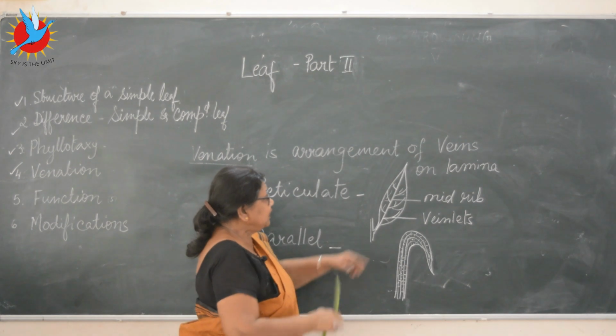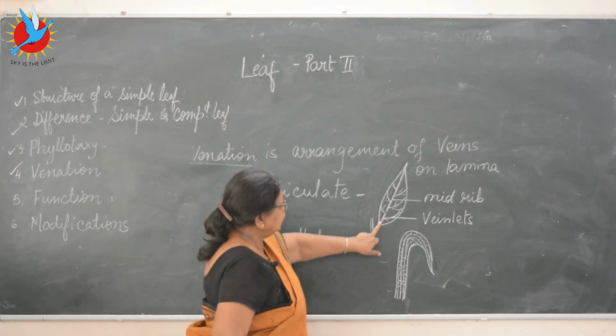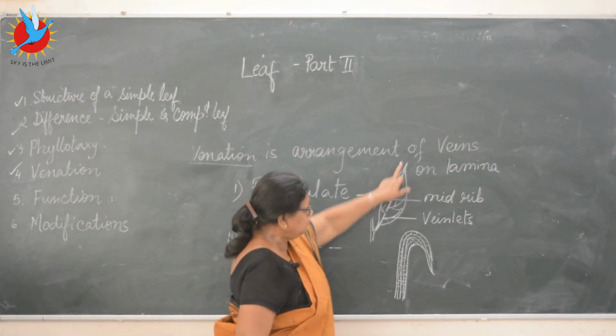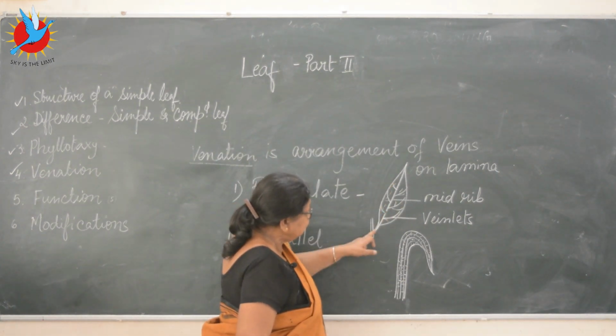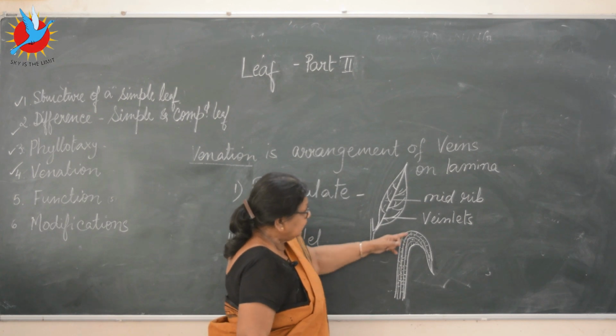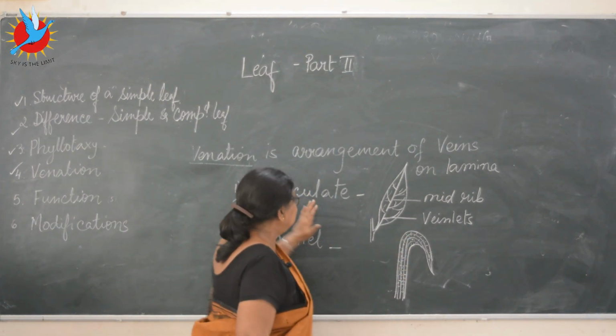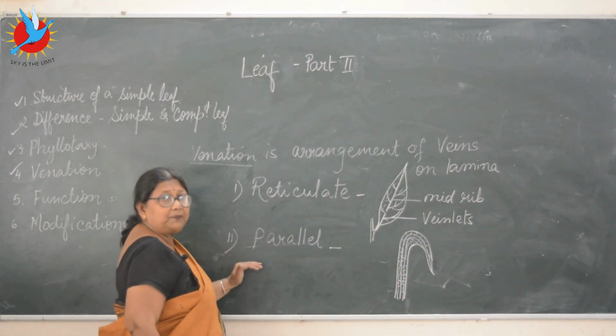So what is the difference between these two? Here in the reticulate venation there is a midrib; here there is no midrib. In reticulate, all the side veins come out from the midrib, but here the veins are parallel to each other, and that's why this is called the reticulate, this is called the parallel.